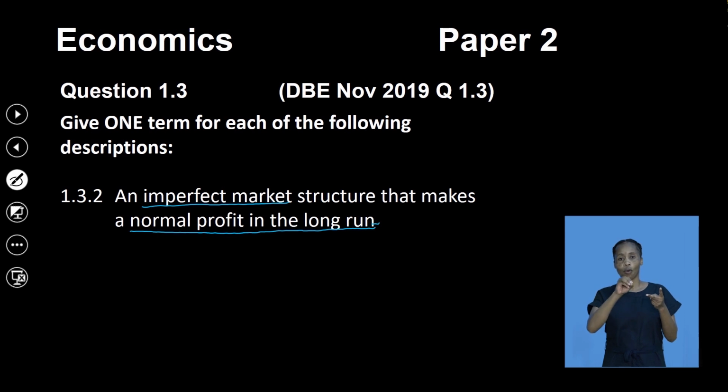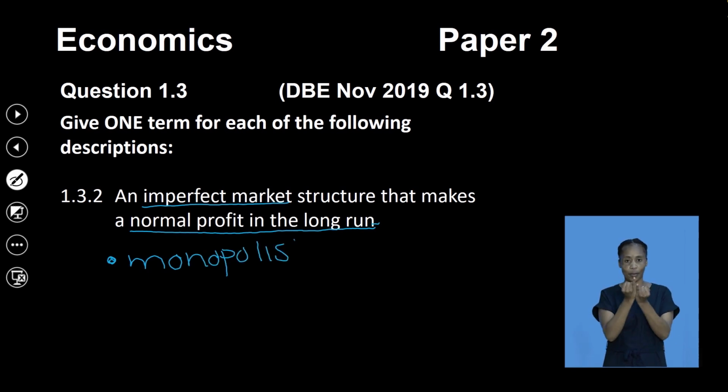They experience economic profit in the long run there. So we are only left with one market structure that experiences normal profit in the long run, and that is monopolistic competition. That is the one that experiences normal profit in the long run there.